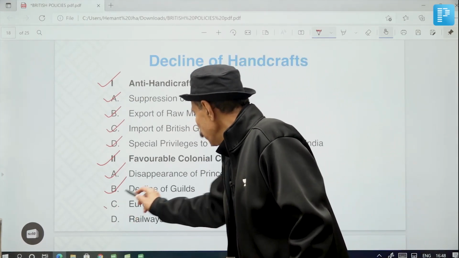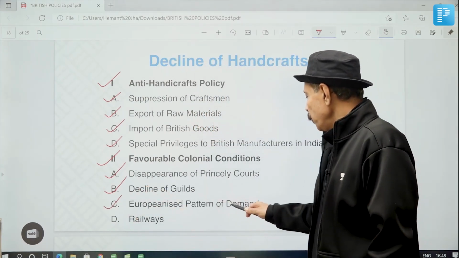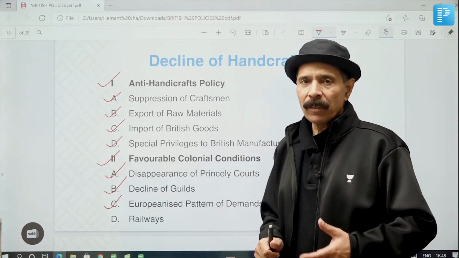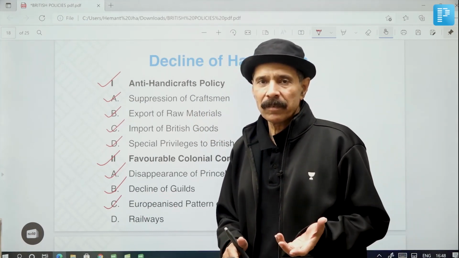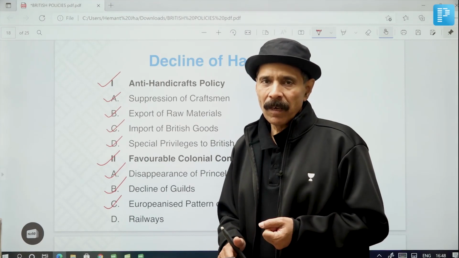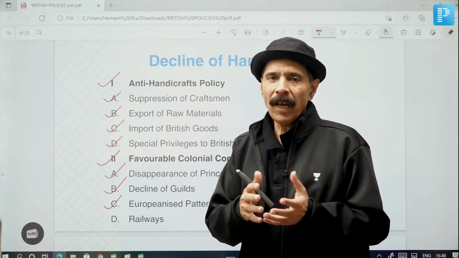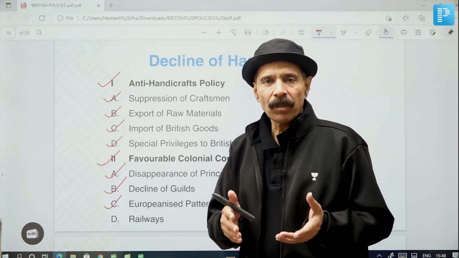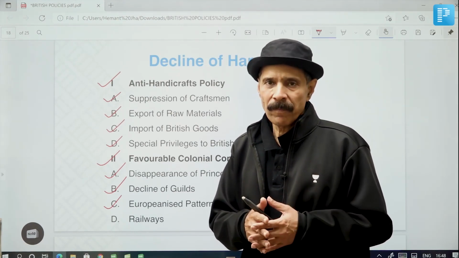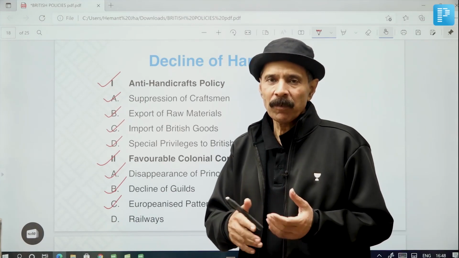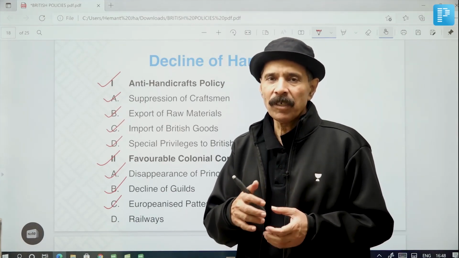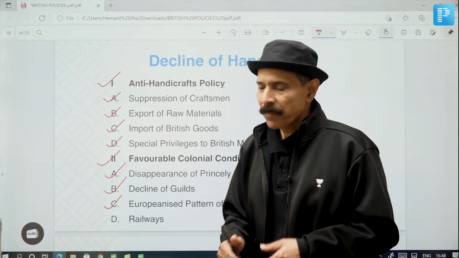Next, Europeanized pattern of demands. A new pattern of demand emerged, and this was European, like in the place of turban, hat, in the place of dhoti, trousers. And Indian craftsmen were not having expertise in producing them.